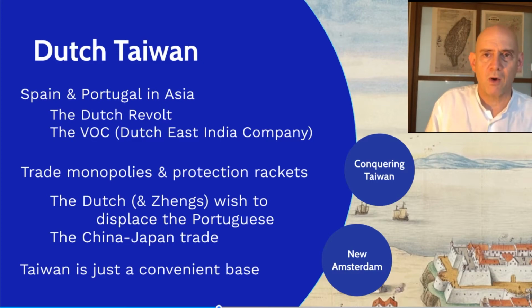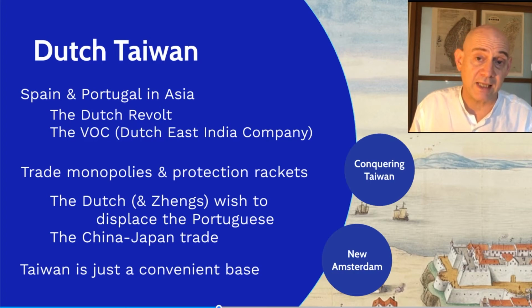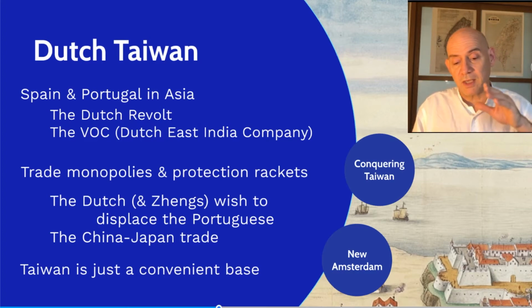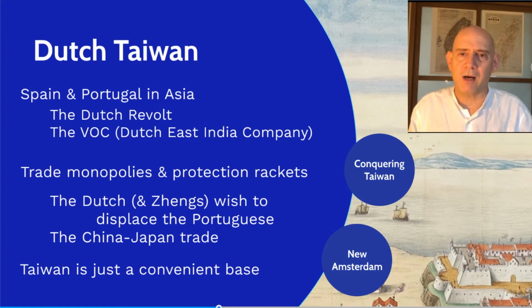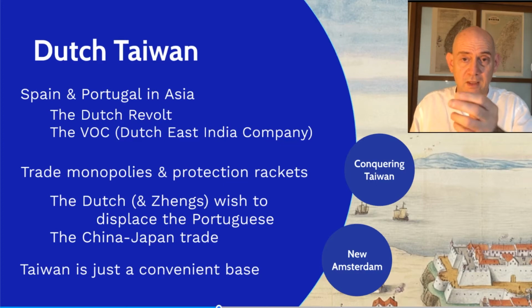First, what the Dutch originally wanted was a mainland base like the Portuguese had. So they try to get a base on the Fujian coast. The Chinese push them out. Then they try the Pescadores, the islands in the strait between Taiwan and China.